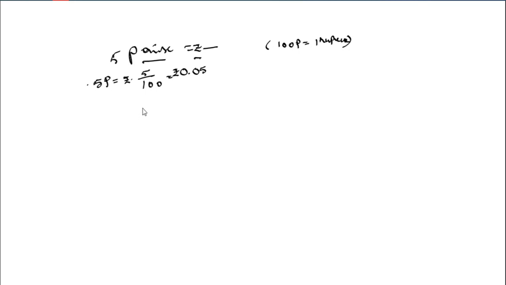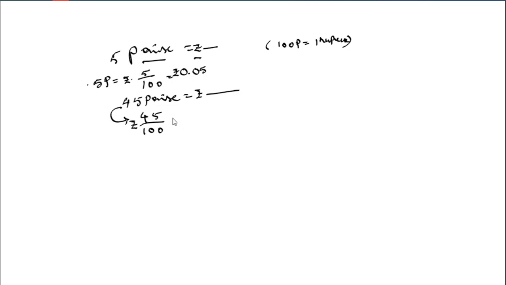Similarly, suppose 45 paisa is equal to dash rupees. Divide by 100 and put rupees. So 45 paisa is equal to 45 by 100 rupees.